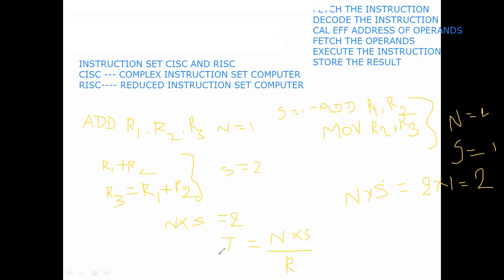If the execution time is less, then the performance will be more. Like that, based on the CISC and RISC instructions also, the performance varies.